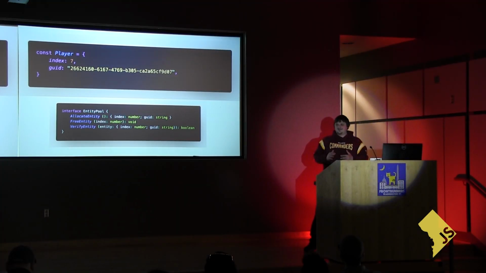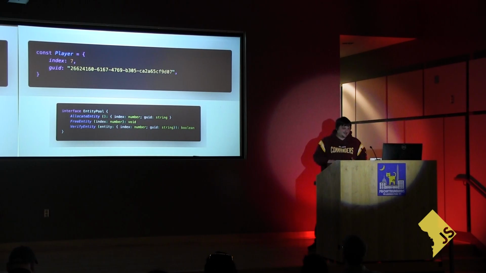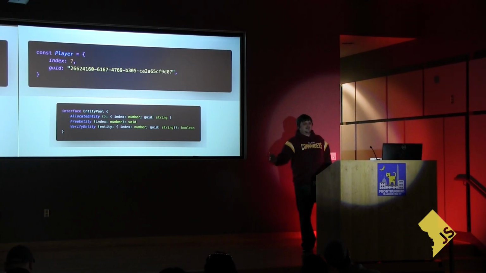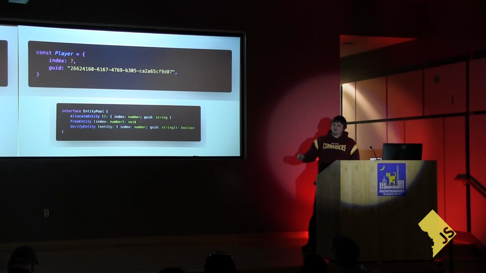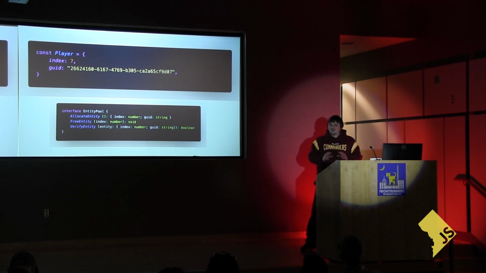So in any entity component system implementation, apart from the index that tells you where to find the components for this entity, there will be a unique identifier. So I say, if one entity refers to another entity, you must store both its index, so you can find its data, and its GUID. And anytime you refer to it, it's that entity's responsibility to check if the GUID is the same.